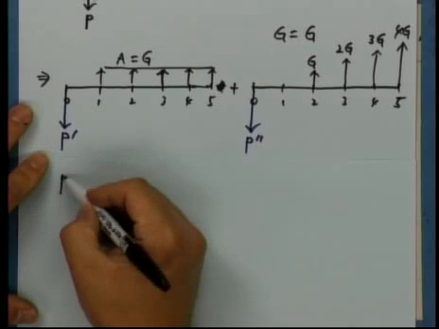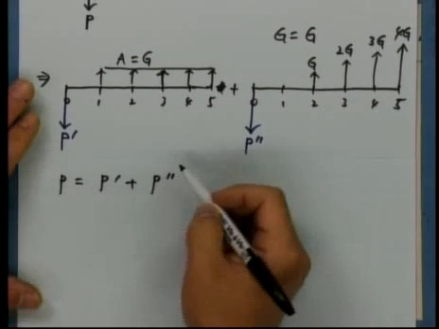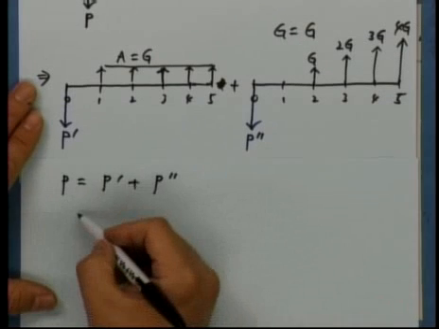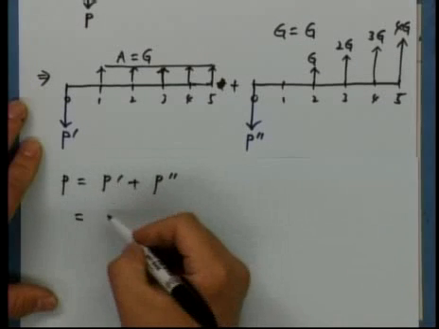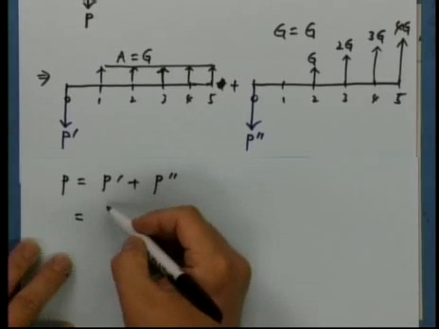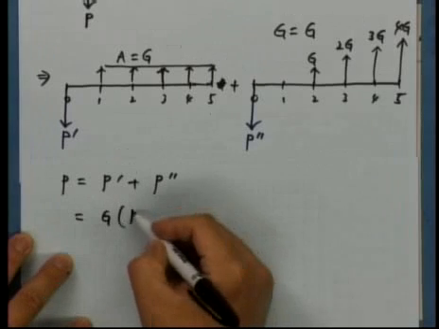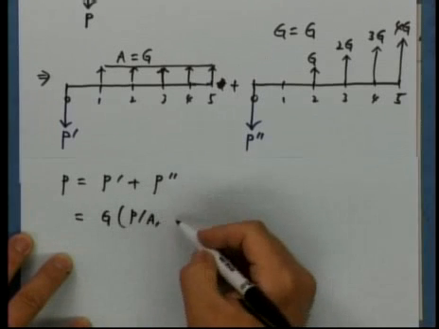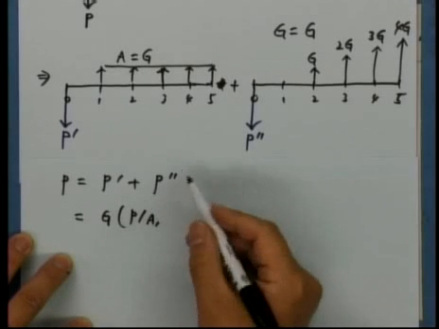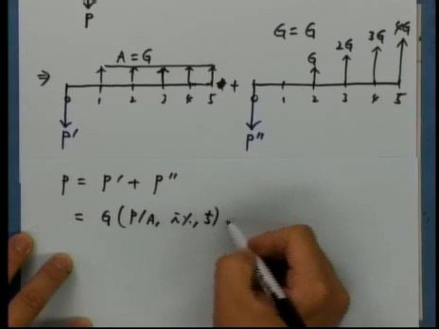So we have P equals P prime plus P double prime. So in this case, this is G times P given A, I% over 5 periods.